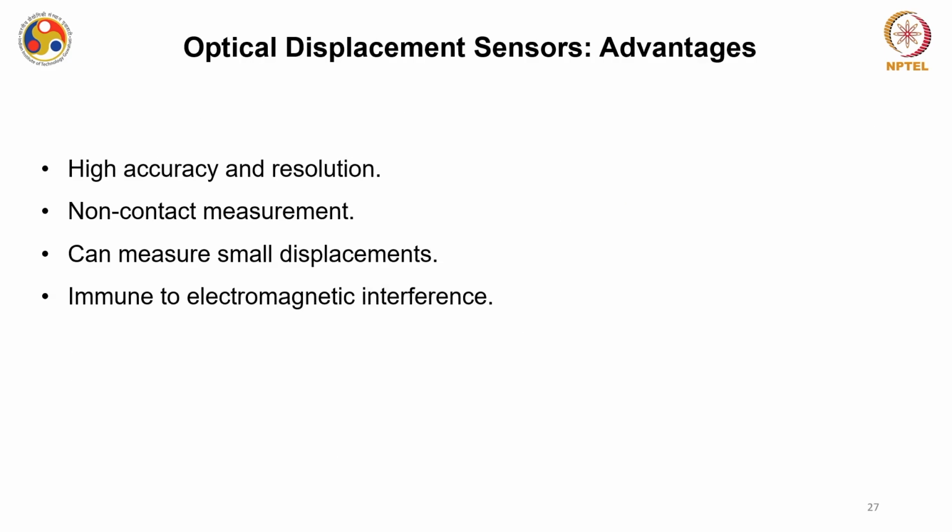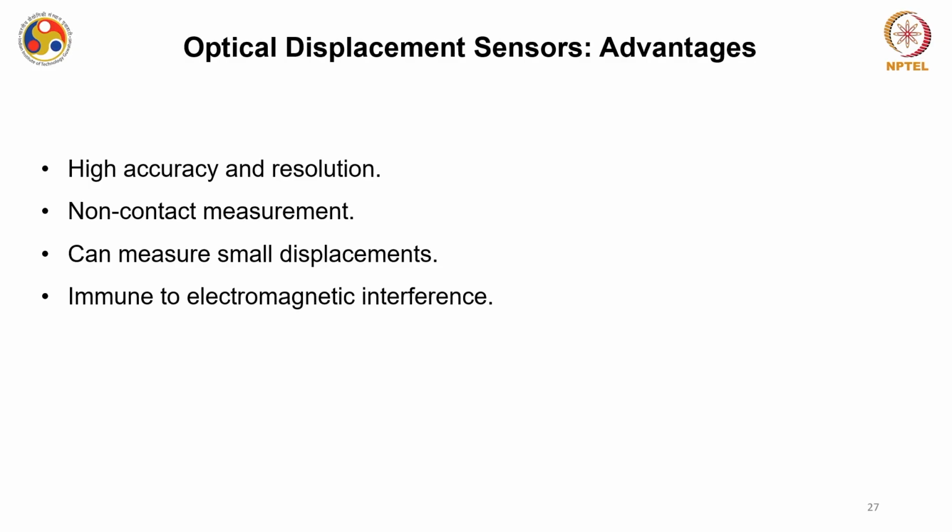So we have seen very briefly what optical displacement sensors are, and the advantages associated with these devices are their high resolution and high accuracy. It is also possible to measure the displacement in non-contact mode, which is a requirement for most practical cases.